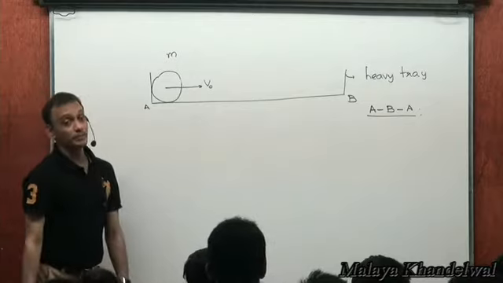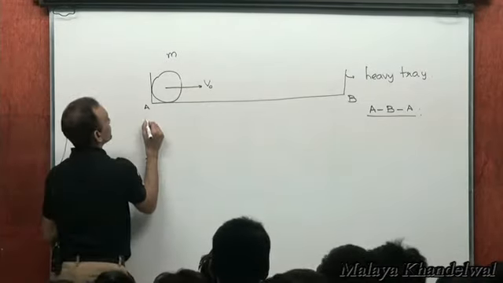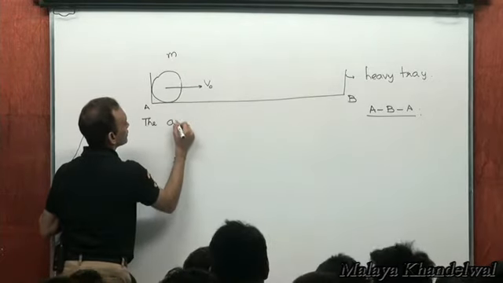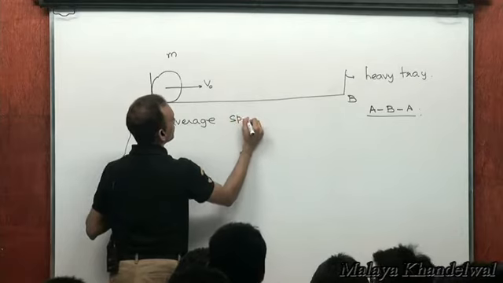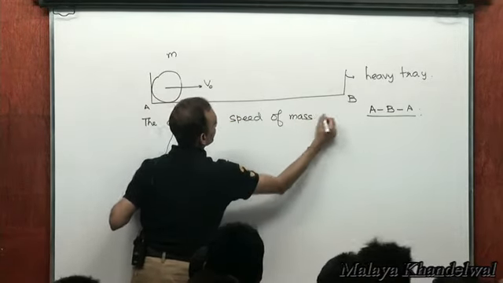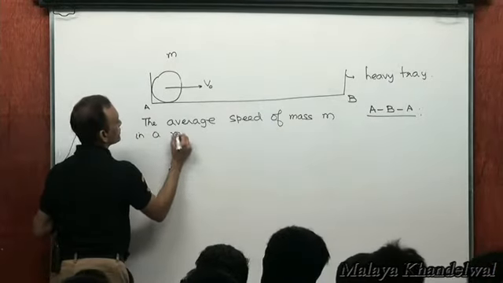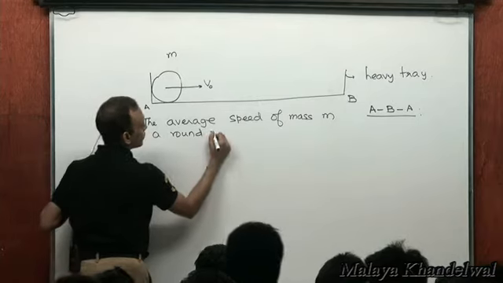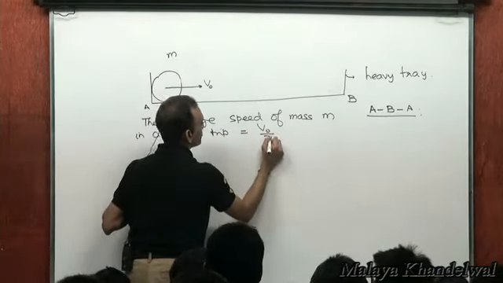Now in a round trip it was found that the average speed of mass m in a round trip is v0 by 3.